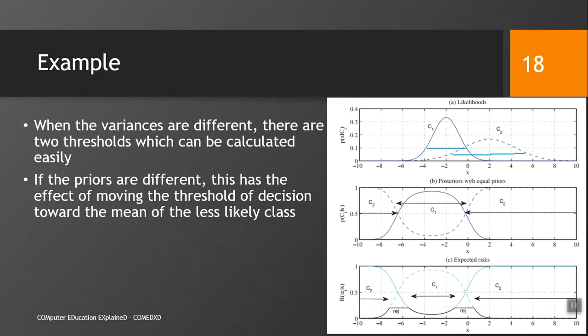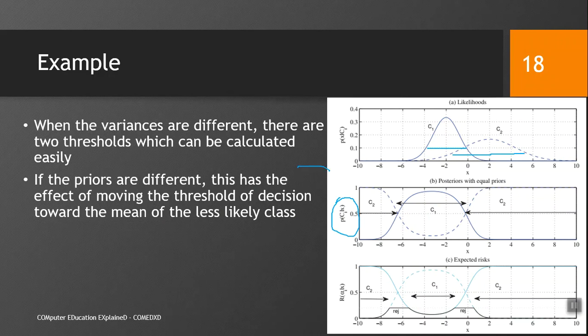So for the posterior with equal priors, if we assume that the priors are equal, the instances in the data set are the same, 50-50 for example, then if we draw the posterior, right, that would be like this. This is the posterior of class C2 and this is the posterior of class C1, right, and if the priors are different, this has the effect of moving the threshold of decision towards the mean of the less likely class.